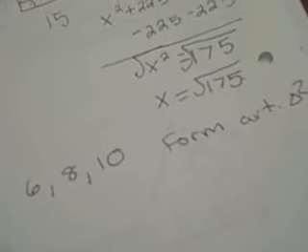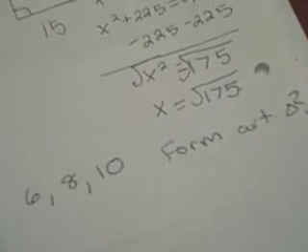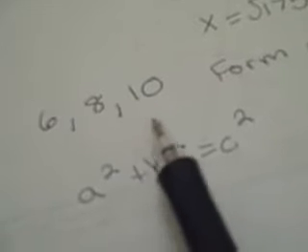We can determine that by plugging it into the Pythagorean Theorem. So we would have a squared plus b squared is equal to c squared. If these 3 numbers work in the Pythagorean Theorem and the 2 sides equal each other, then we can say yes, it's possible that they could form a right triangle.